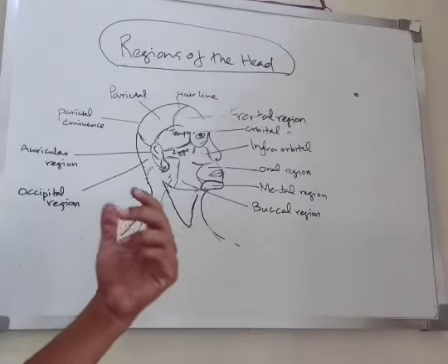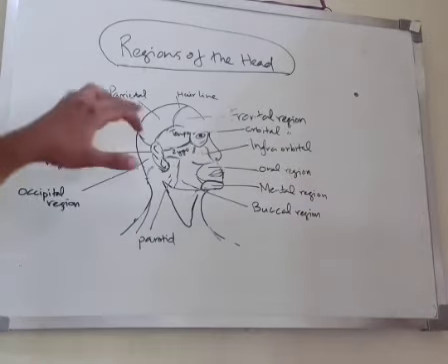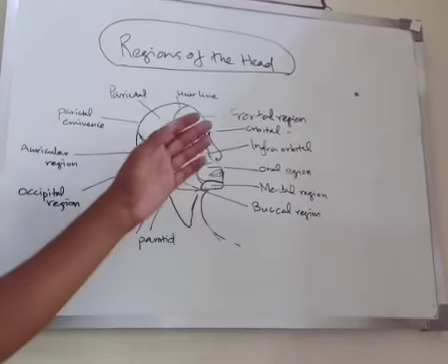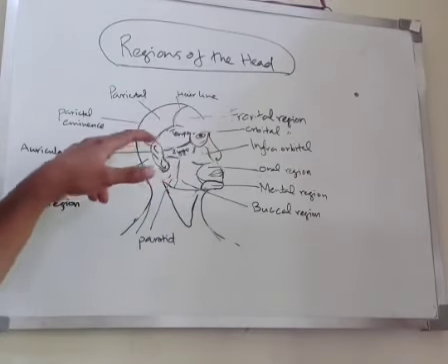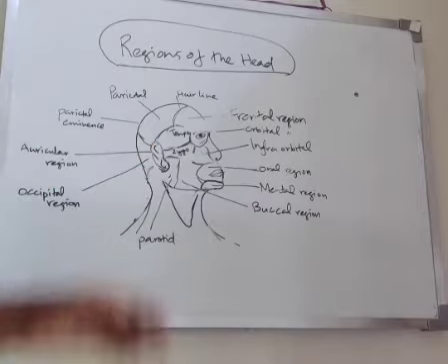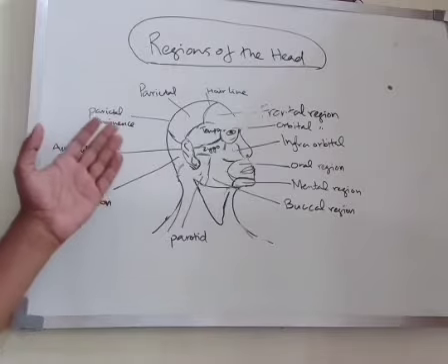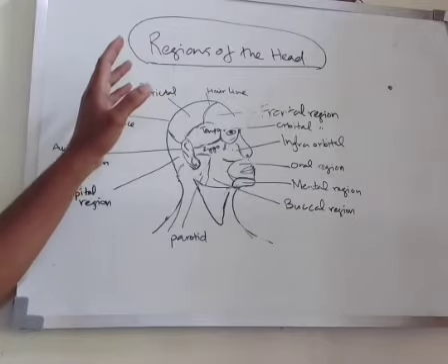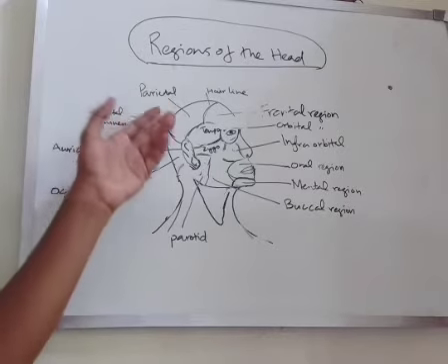So this is a diagrammatic representation of the regions of the head. Where is the parietal region? This is the parietal region. The parietal region is limited anteriorly by the hairline, and posteriorly by the coronal plane, behind the parietal eminences.